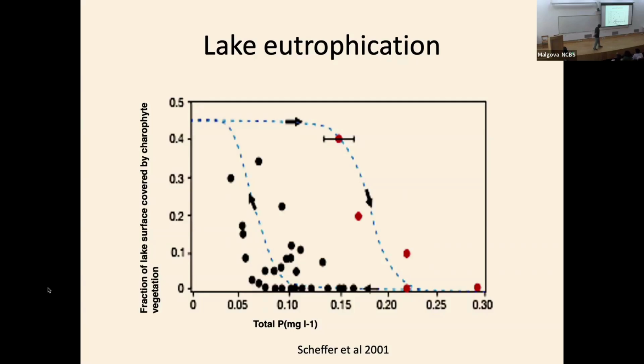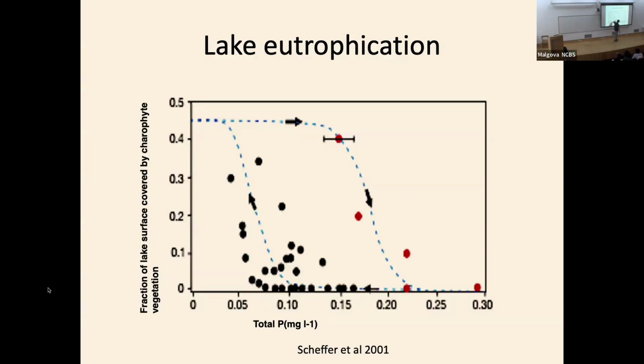It suggests something interesting. You can see some arrows here. Those indicate that when things were changing over time, they didn't follow the same path.